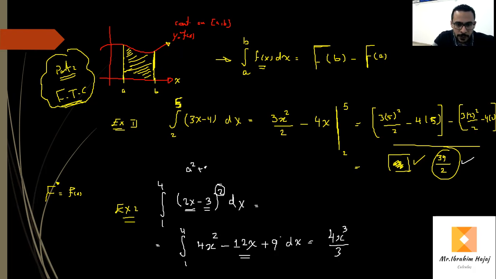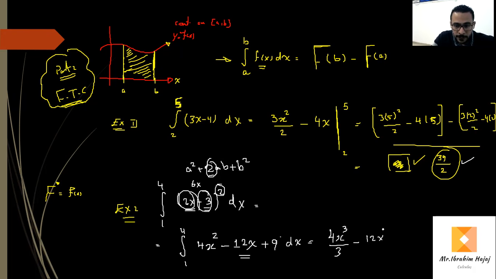Following this rule, a squared plus 2ab plus b squared: first by second, I'm multiplying 2x by 3 gives 6x, times 2, 12x. Multiply by this 2 in the rule gives 12x plus 9. Integrate, meaning adding 1 to the exponent and dividing by the new exponent, the simple way.